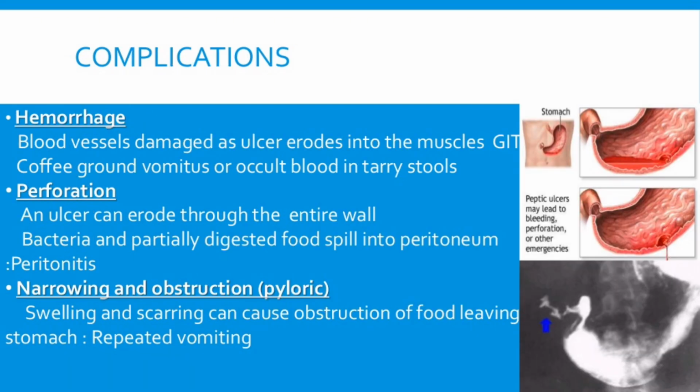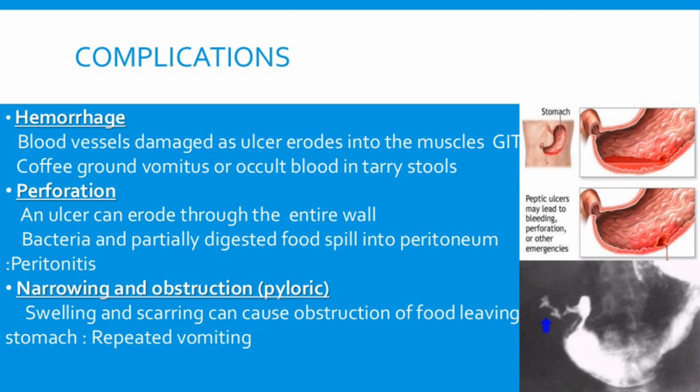Here are some complications of peptic ulcer diseases. Number 1 is hemorrhage. So blood vessels are damaged as the ulcer erodes into the muscles of the GIT. Coffee ground vomitus or occult blood in tarry stools will be seen. Perforation is caused when an ulcer erodes through the entire wall of the GIT. So bacteria and partially digested food spill into the peritoneum, which will lead towards peritonitis.